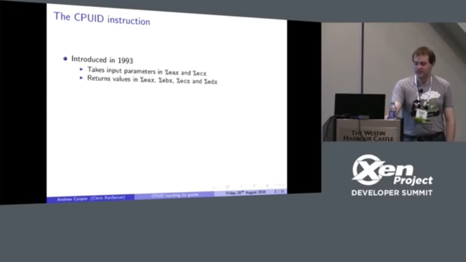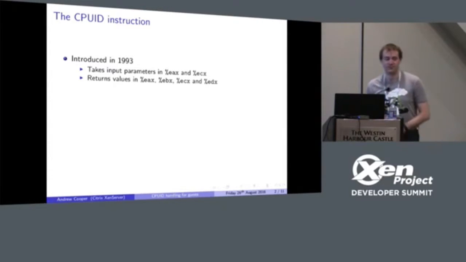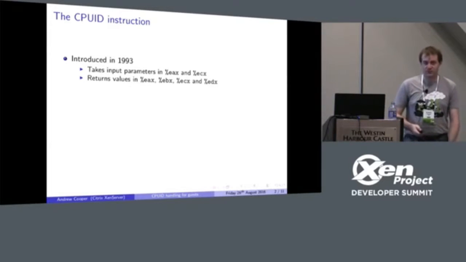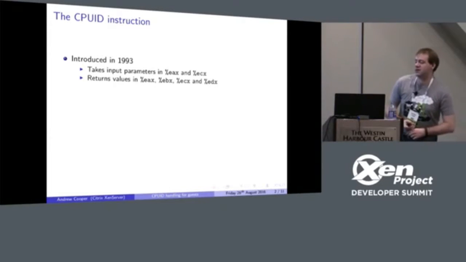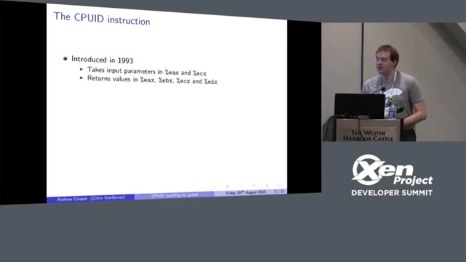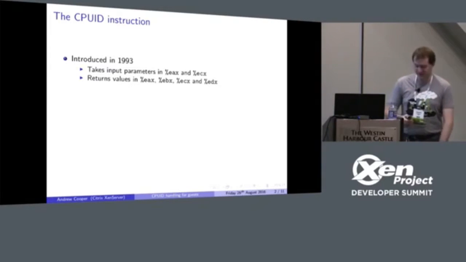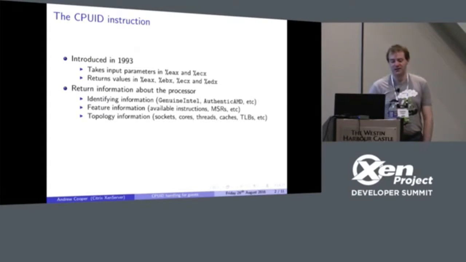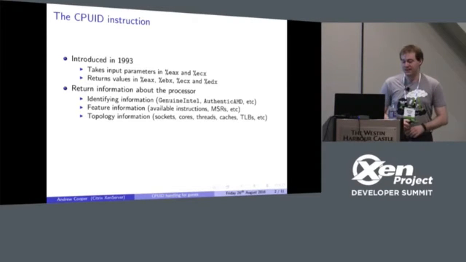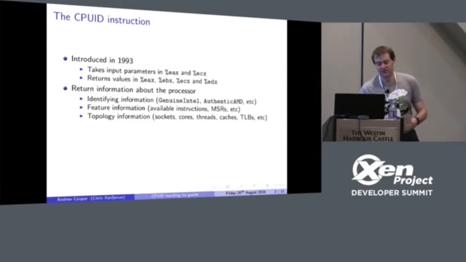So Intel introduced the CPUID instruction into some but not all variants of the 486 processor, so you've still got some hoops to jump through there. The purpose was to return information about the CPU. It takes some parameters and gives some results back, and it's just system level stuff, CPU level stuff.